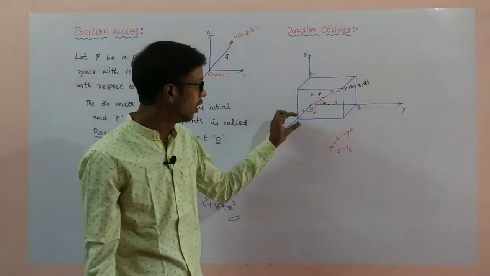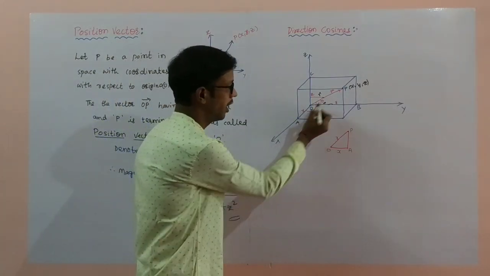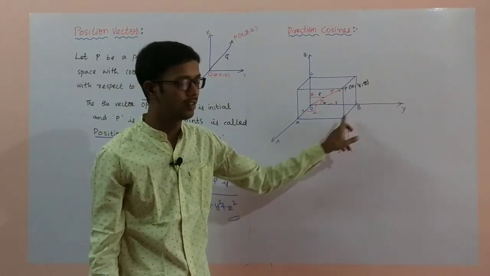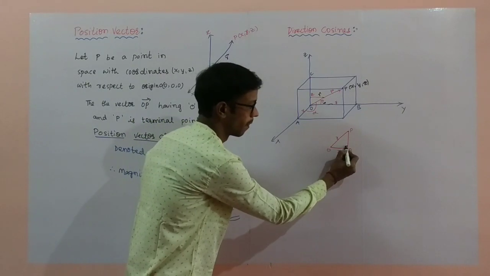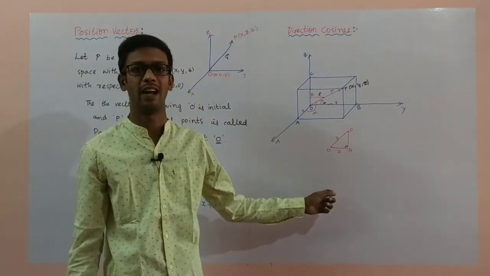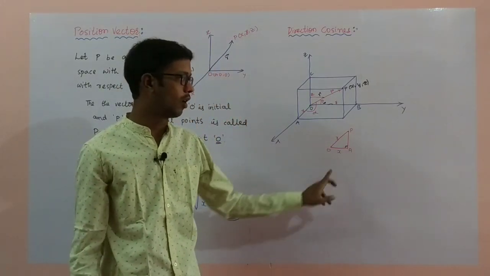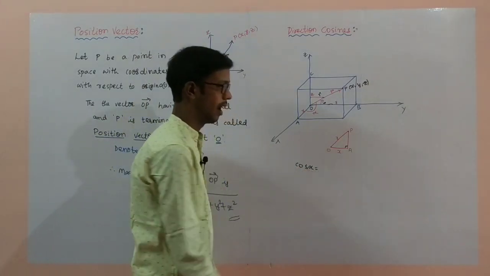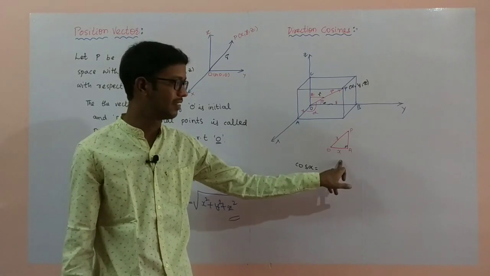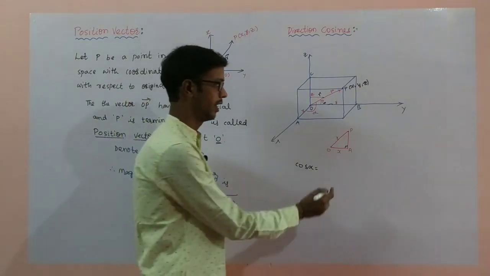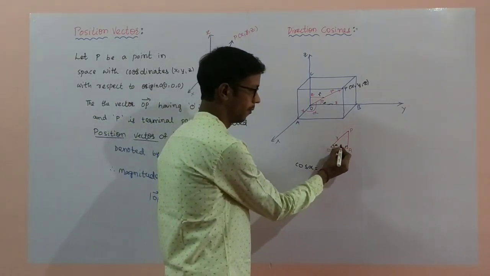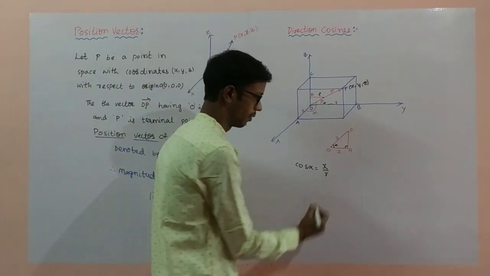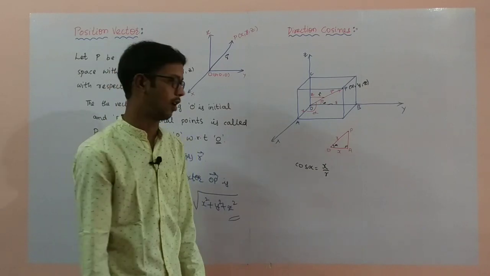Now if you join A to P, like this diagram, you will get a right angle triangle. So cos alpha is adjacent side by hypotenuse, that is x by r.